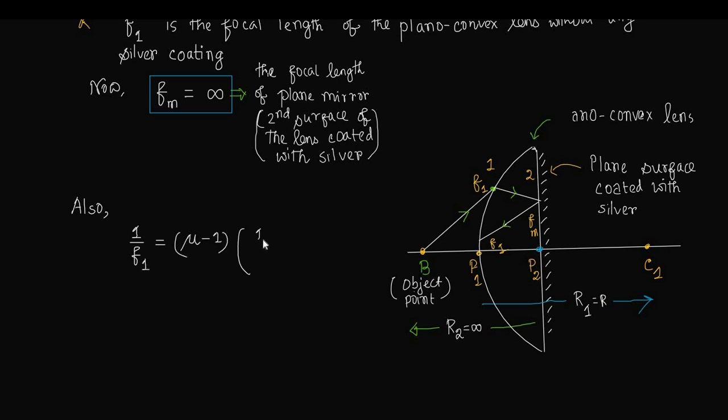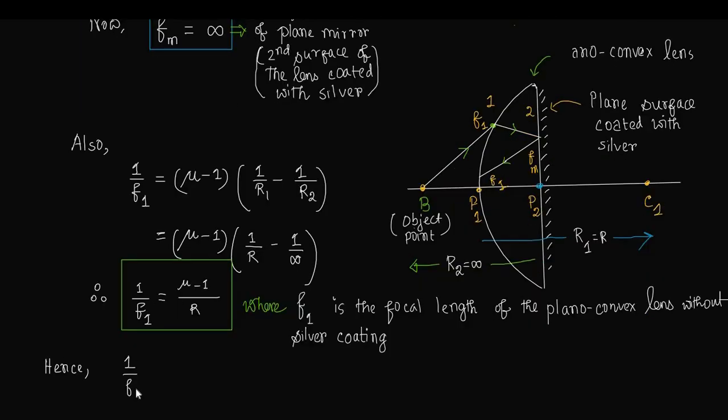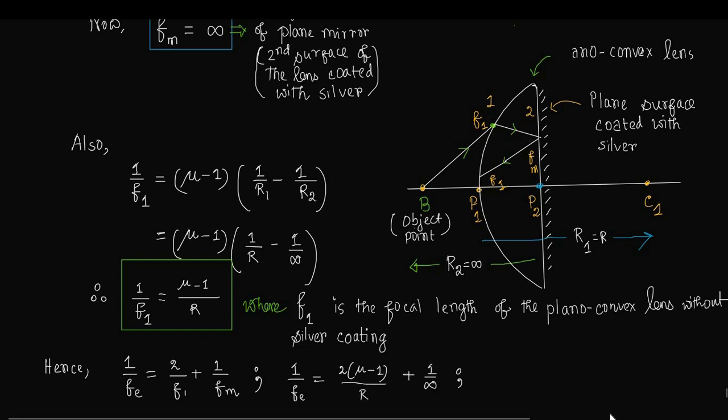Also 1 by F1 is equal to mu minus 1 into 1 by R1 minus 1 by R2, equal to mu minus 1 into 1 by R minus 1 by infinity. Therefore 1 by F1 is equal to mu minus 1 whole divided by R. Hence 1 by FE is equal to 2 by F1 plus 1 by FM, that is 1 by FE is equal to 2 into mu minus 1 whole divided by R plus 1 by infinity.